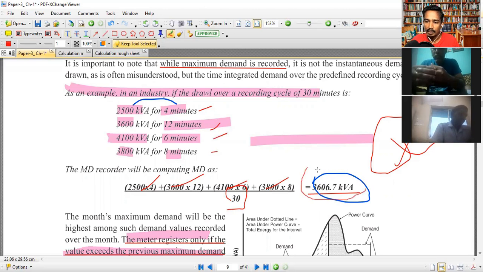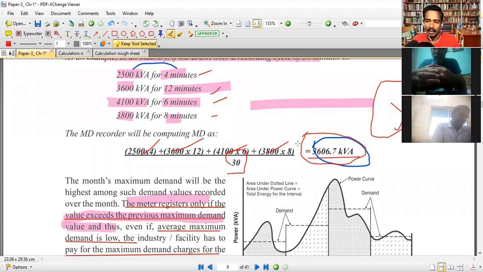Then the average maximum demand is 3606 kVA. So the calculation is only over 30 minutes. They always use this calculation for the maximum demand calculation. Suppose the maximum demand sometimes increases to 3700, then for the calculation they give the price for this higher value of 3700.